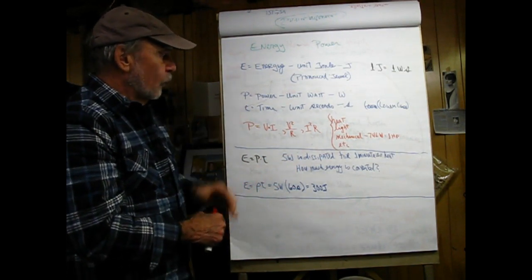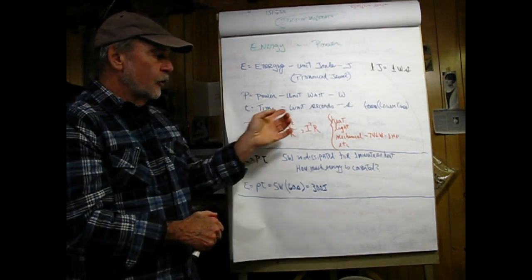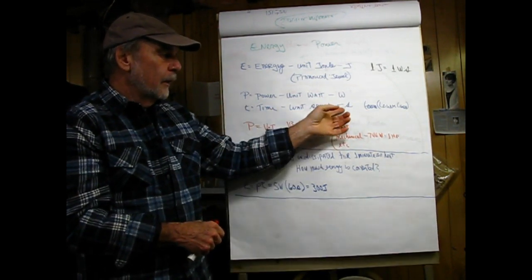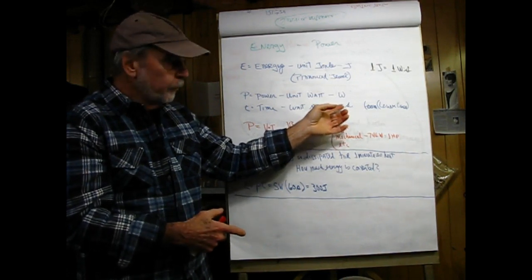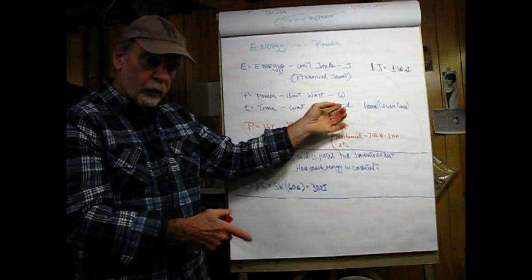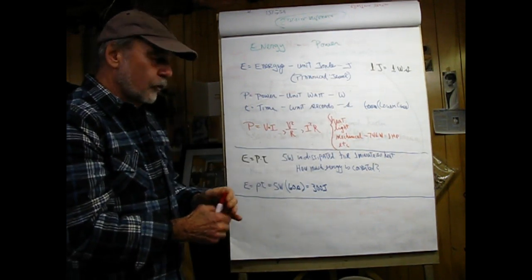So the symbol for power is P, and the unit is watt, symbol is W, time is T, the unit is seconds, and its symbol is a lower case s. Uppercase S is conductance, which stands for Siemens. We'll talk about that later, but seconds is a lowercase s.